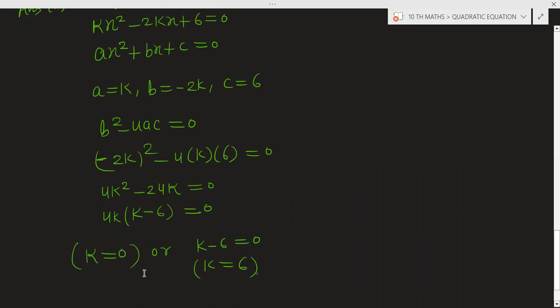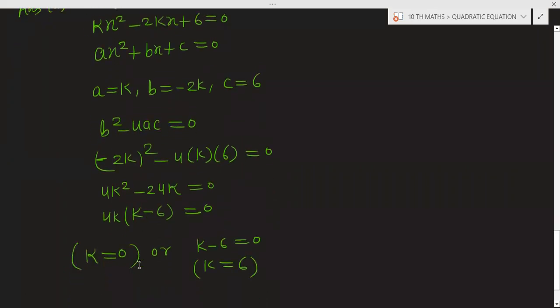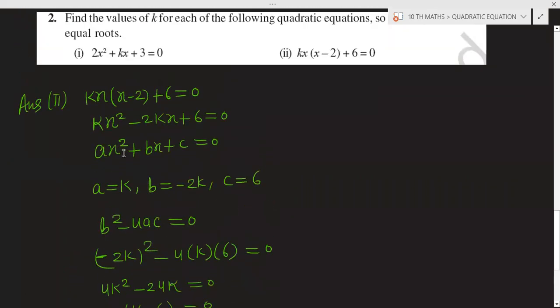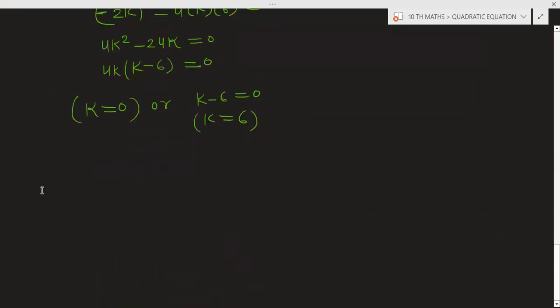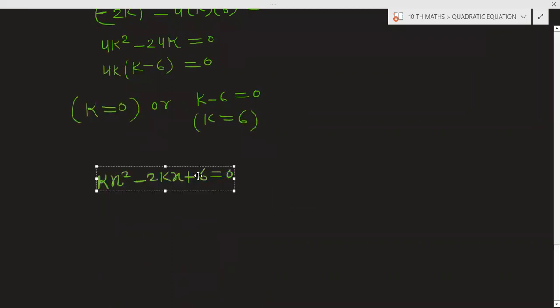What is the meaning of this? Here, in this equation kx square, you have to choose the correct value of k.